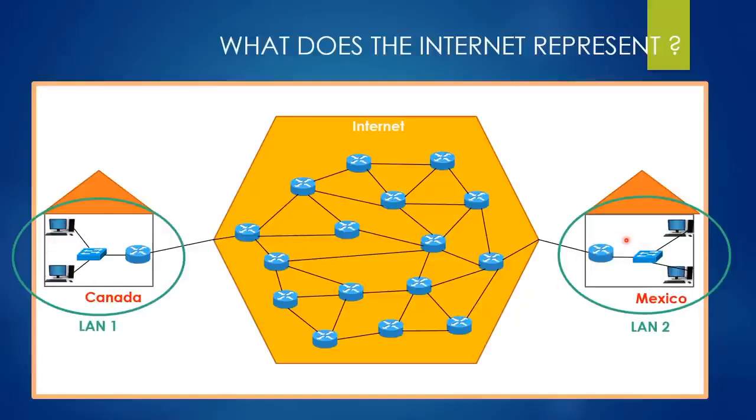For this reason, it makes perfect sense to use many routers to connect millions of local area networks together. These LANs, you see, are just two of the millions of local area networks all over the world. In summary, if the internet must connect millions of local area networks, it is obvious that it needs routers. I hope you got this.